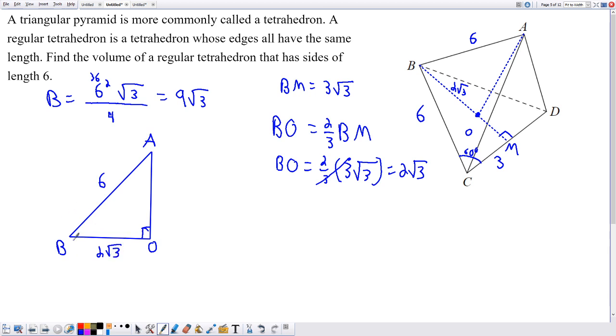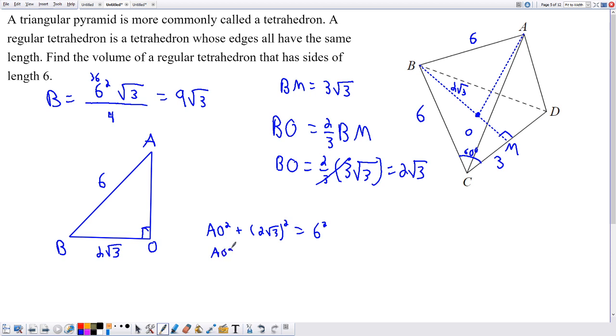Now let's try to solve our problem. By the Pythagorean theorem, we have that AO squared plus 2 root 3 squared is equal to 6 squared.